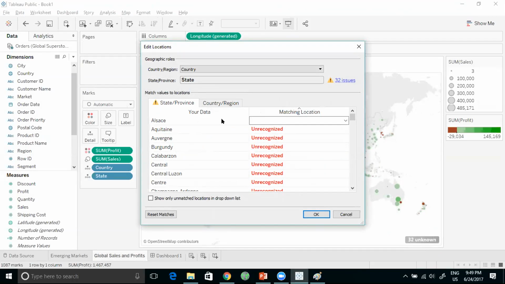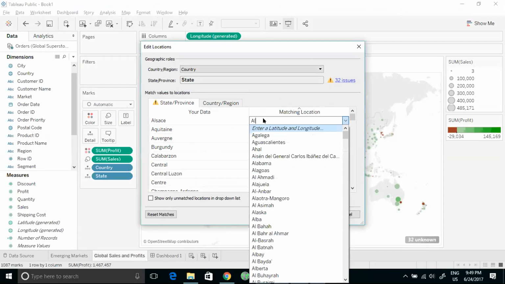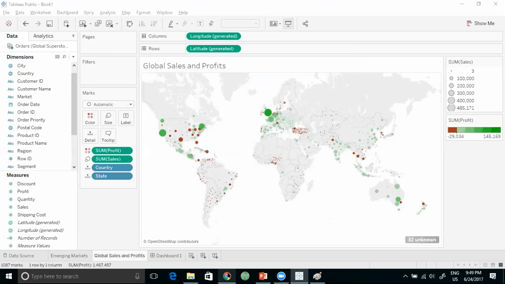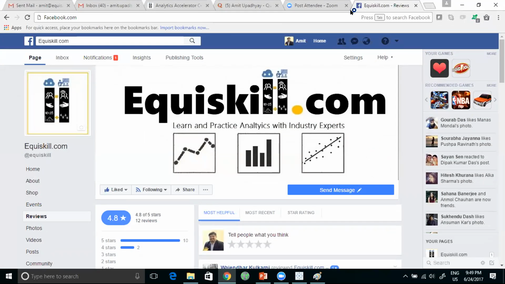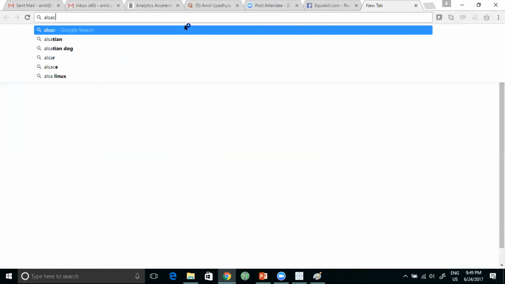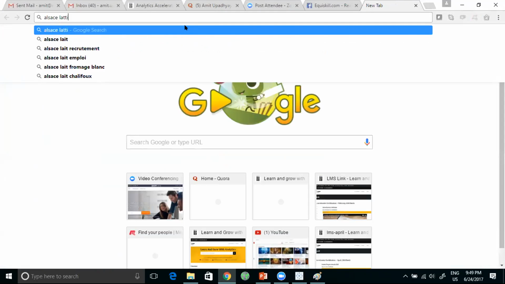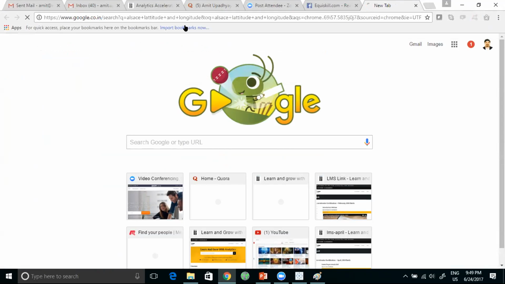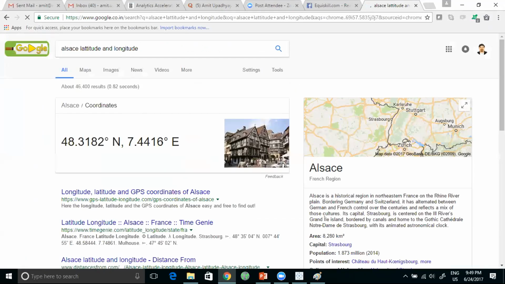For example, Alsace, right? So you need to actually point Tableau in the direction of Alsace latitude and longitude. So how do you do that? Well, it's long-winded, but here we go. Since you've asked the question, you can just say Alsace latitude and longitude on Google, and Google's my best friend, and you get it right here, okay?